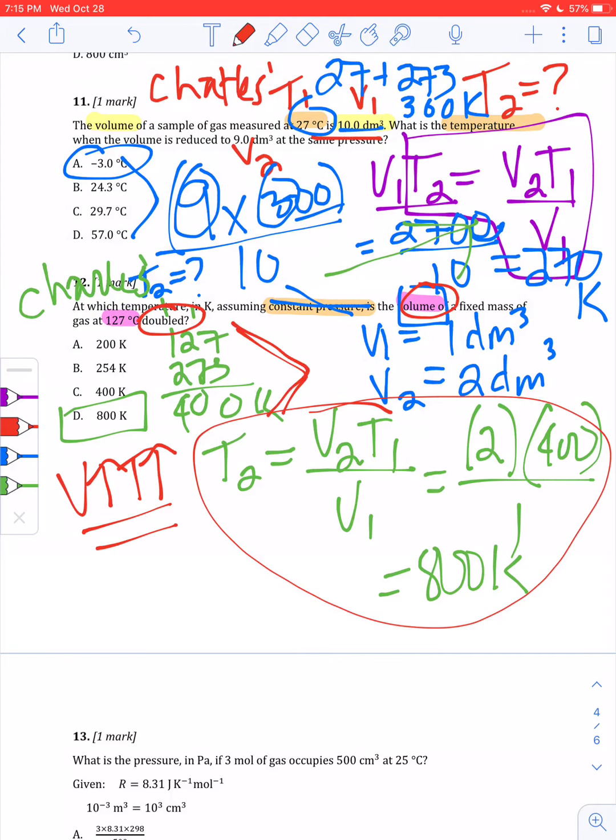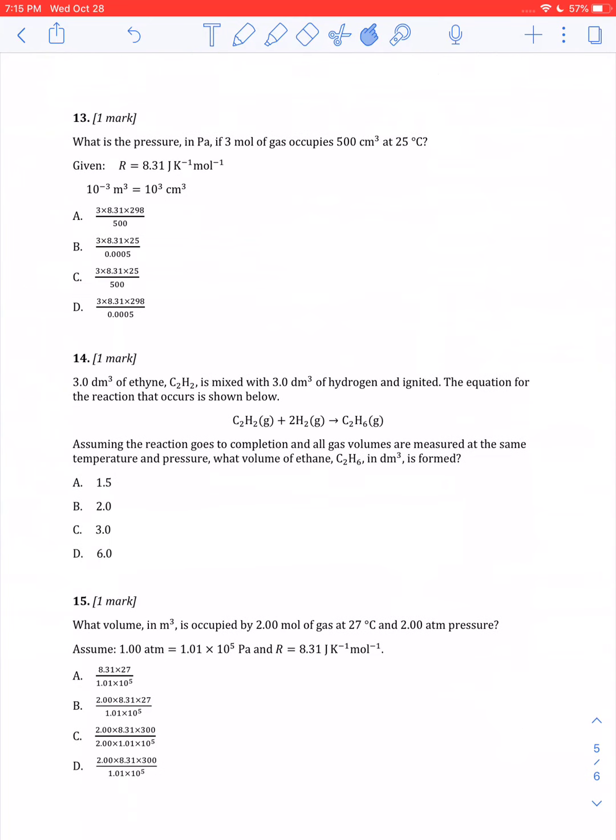So since they have a direct relationship, if the volume doubles, the temperature will also double. So I just need to convert the temperature to Kelvin, and then I can double it, and that's my answer right there.